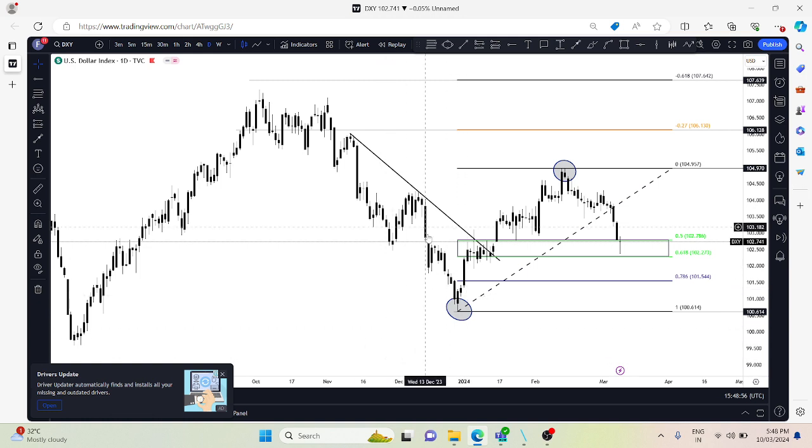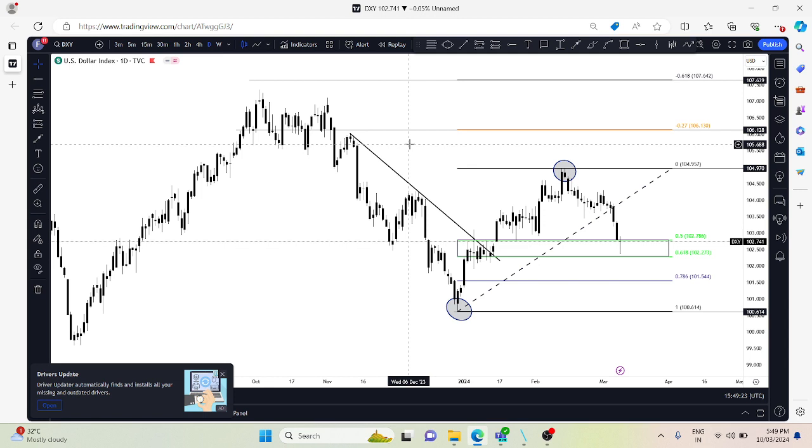We're having an inverse head and shoulder, retesting the neckline of the inverse head and shoulder. And now we have another confirmation, a Fibonacci confirmation, that around here we have to get rejections to push the price to the upside. So now I think we already have 4 confirmations.